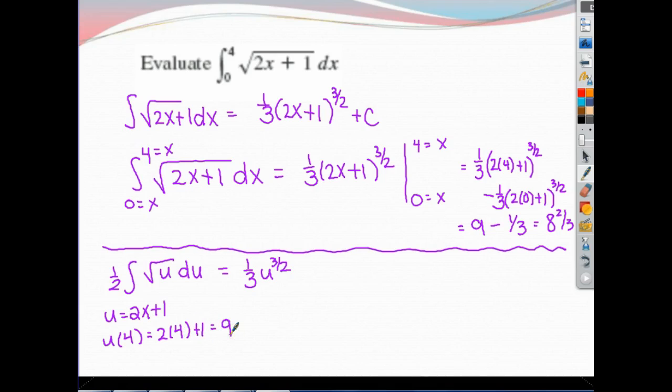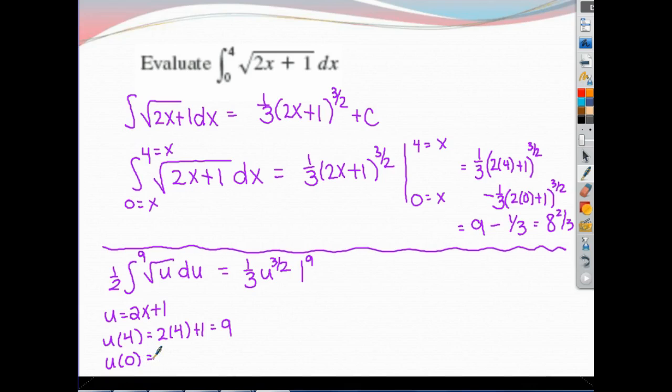It would become 9, right? So now, if I wanted to evaluate this with respect to the u's, my upper bound would become a 9. So your lower bound, 1/3 now?